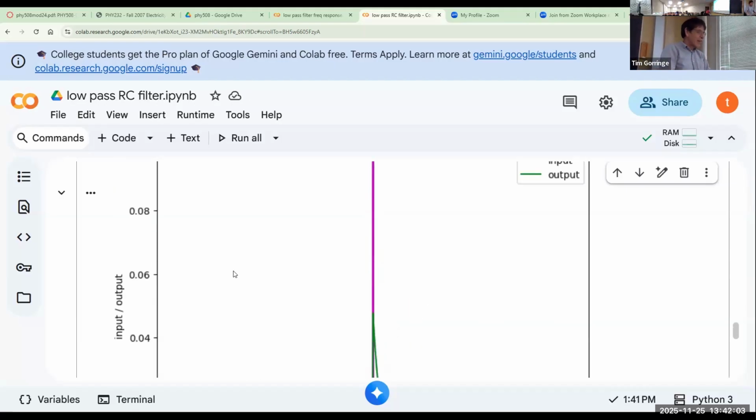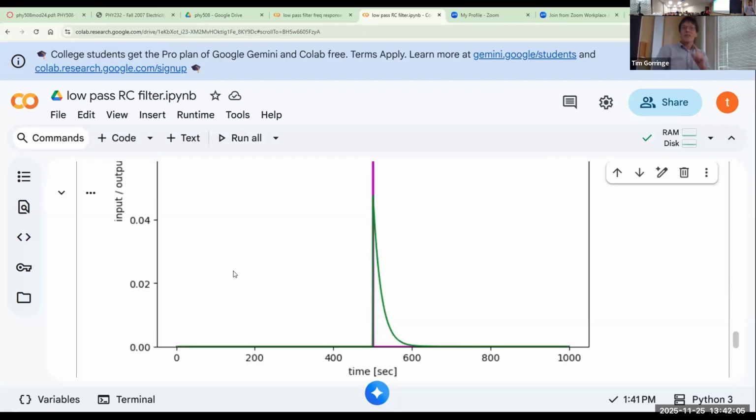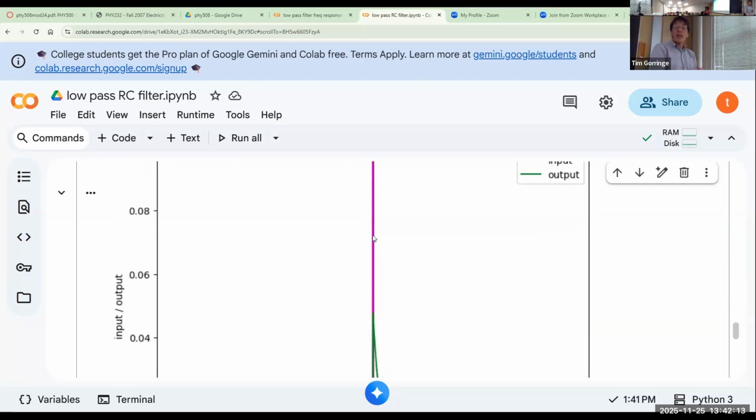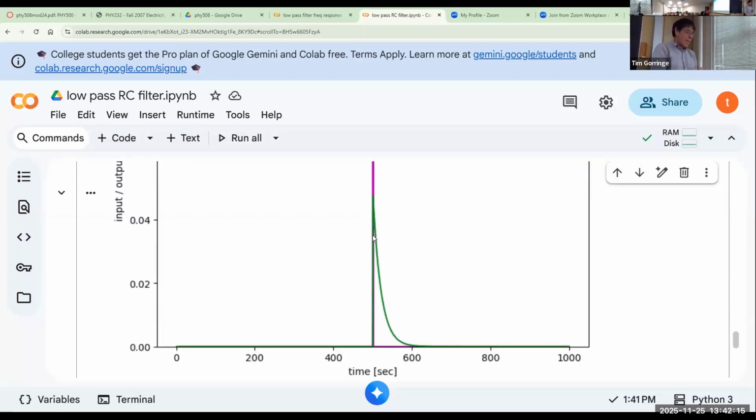So I notice the scale here. The impulse size that I put in was 1, so the magenta input here has gone off scale. And we're really just looking at the green, which is the output here.